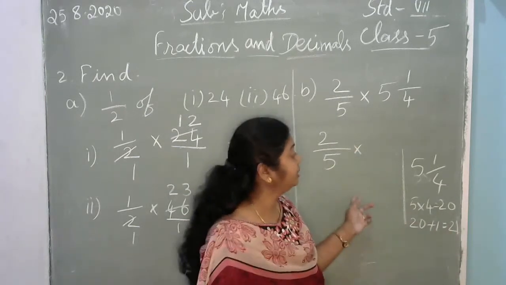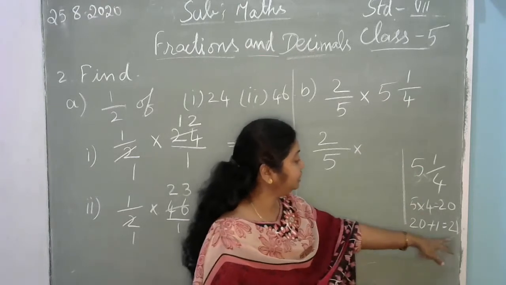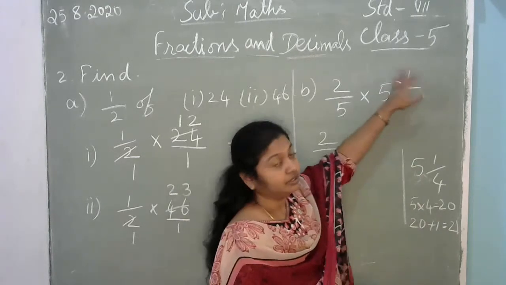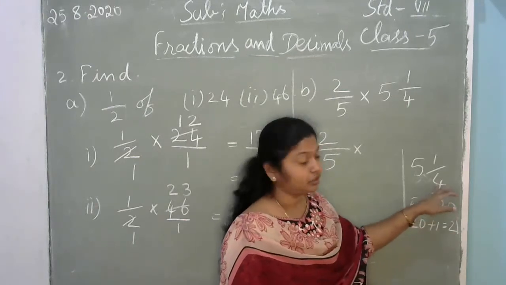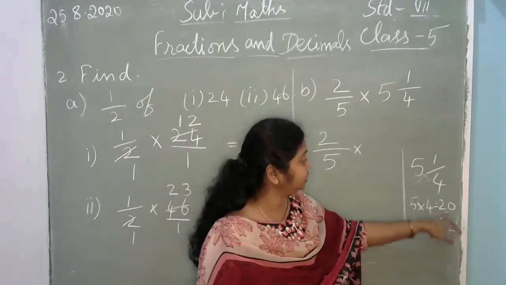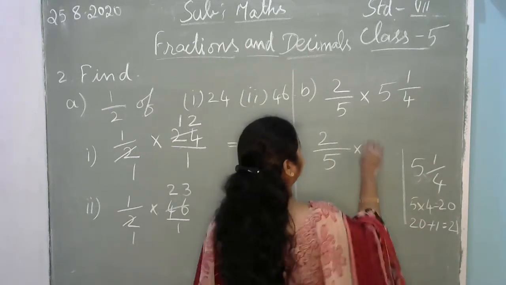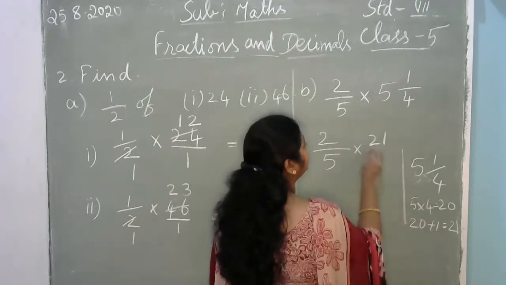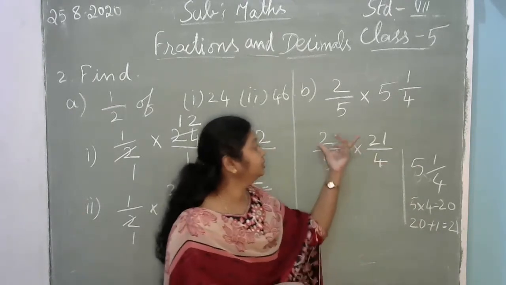What is your denominator? The same denominator only will come in the answer. So only the numerator will change. So how will it change? First these two you have to multiply. Whatever answer you got, with that answer you should add this number. So the final answer you have to keep as a numerator and the denominator is 4. Now directly you should multiply the numerator with the numerator and the denominator with the denominator.